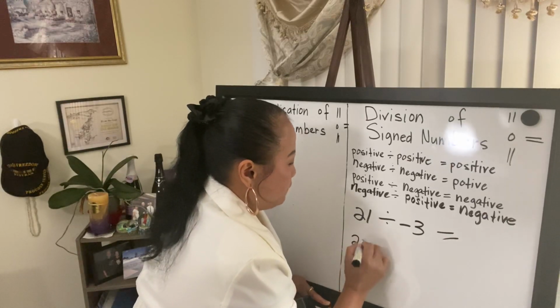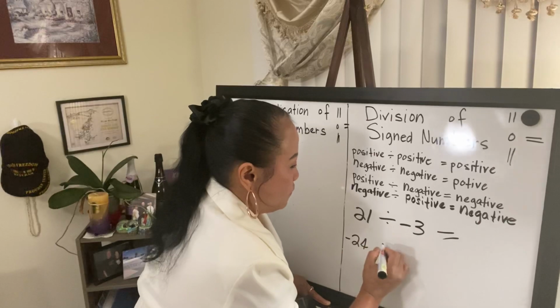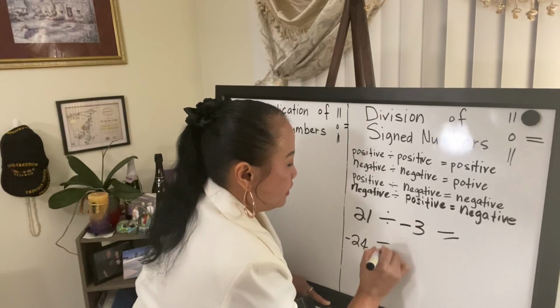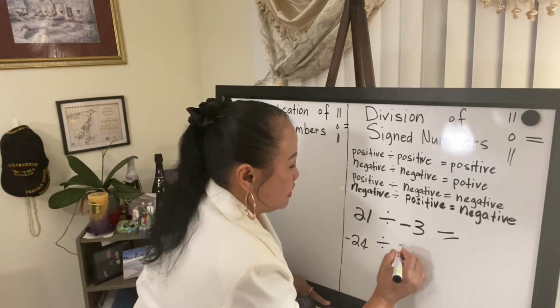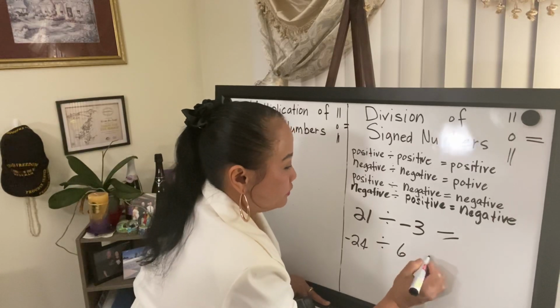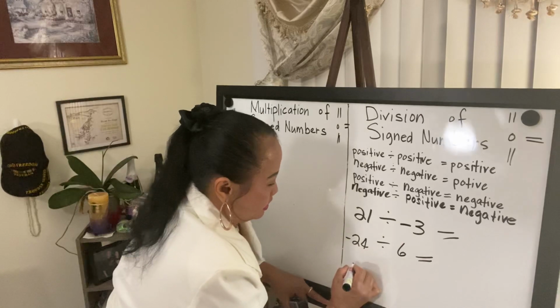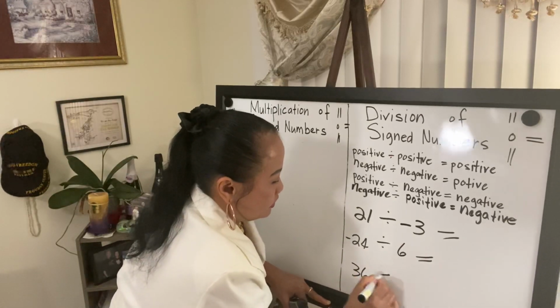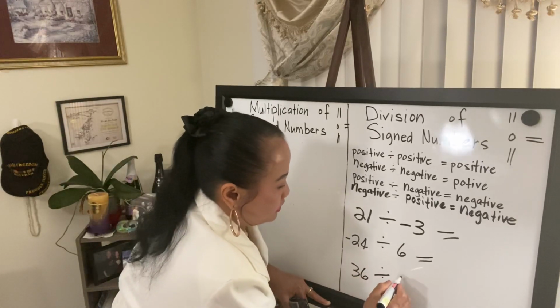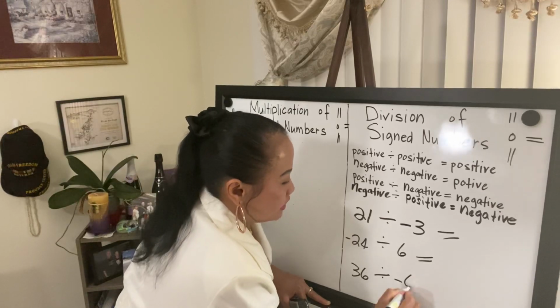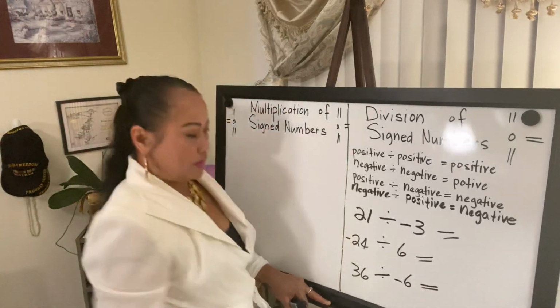Next is negative 24 divided by positive 6. Positive 36 divided by negative 6 equals.